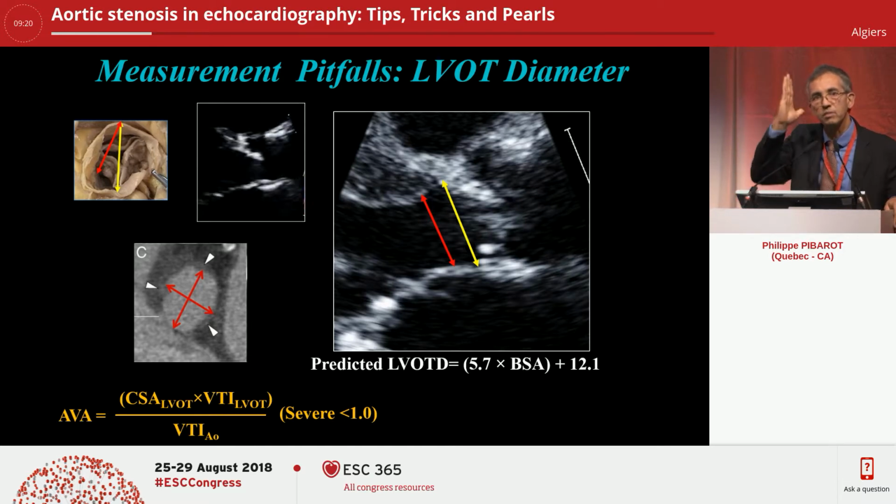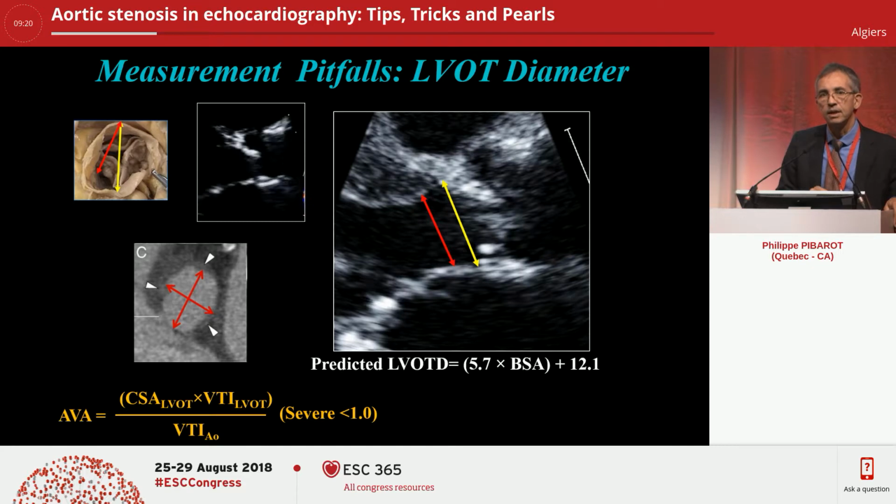So you want to have the imaging plane aligned with this double yellow arrow. If you see too well the cusp posteriorly, then this will probably be an indication that you have a truncated view that is more like with the double arrow, and you will underestimate the LVOT diameter, whatever you do.